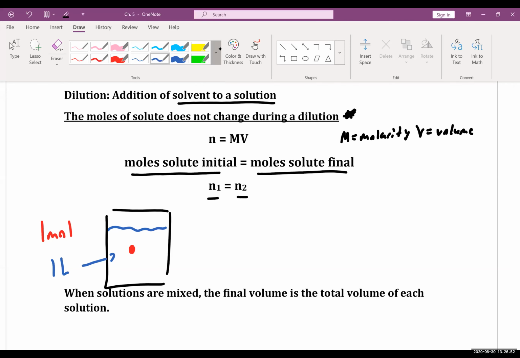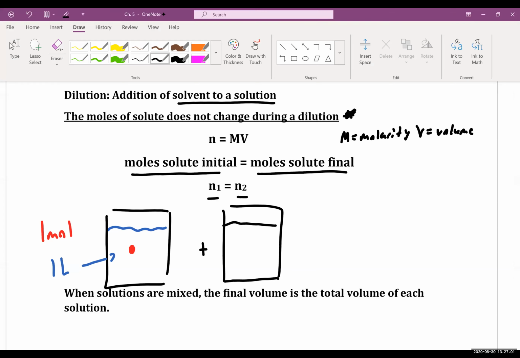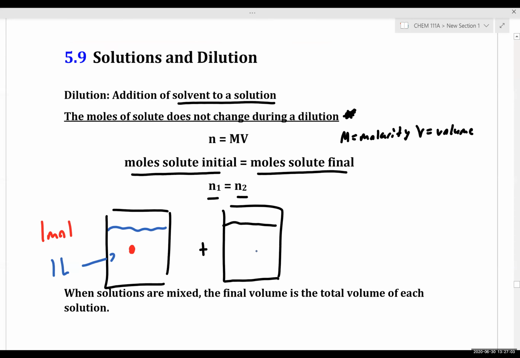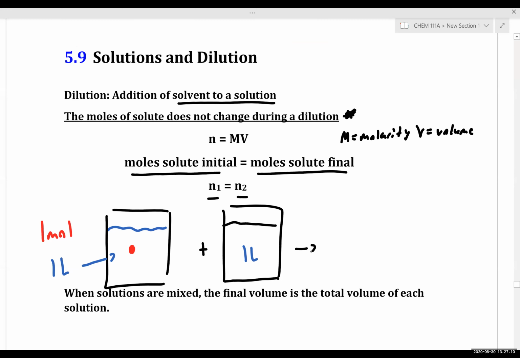Okay. Now let's pretend we are going to add another 1 liter of solvent. So at the end of this process, we'd have a giant 2-liter tank, sure.